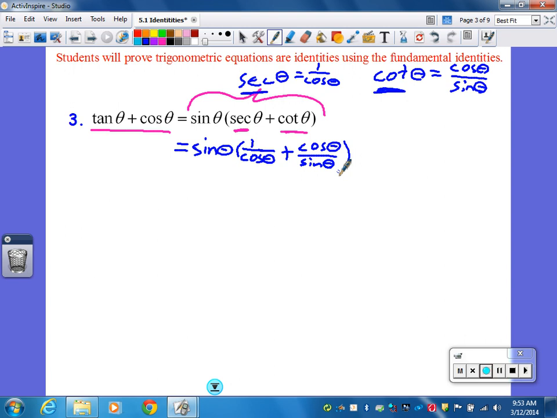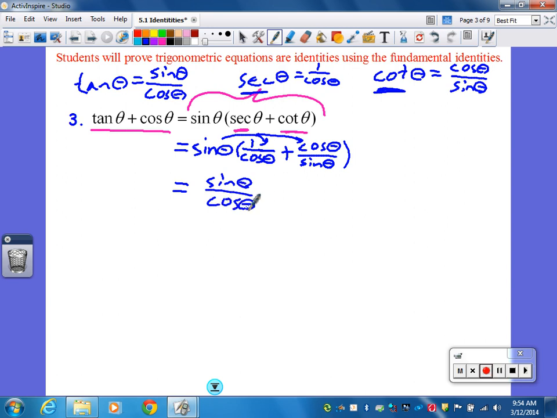Now what can I do to make it kind of cosine or tangent? Well, I know tangent theta is sine over cosine. Well, my first term here, I already have the cosine. I just need to multiply my sine through. So I'm going to go sine theta over cosine theta plus sine theta times cosine theta over sine theta.